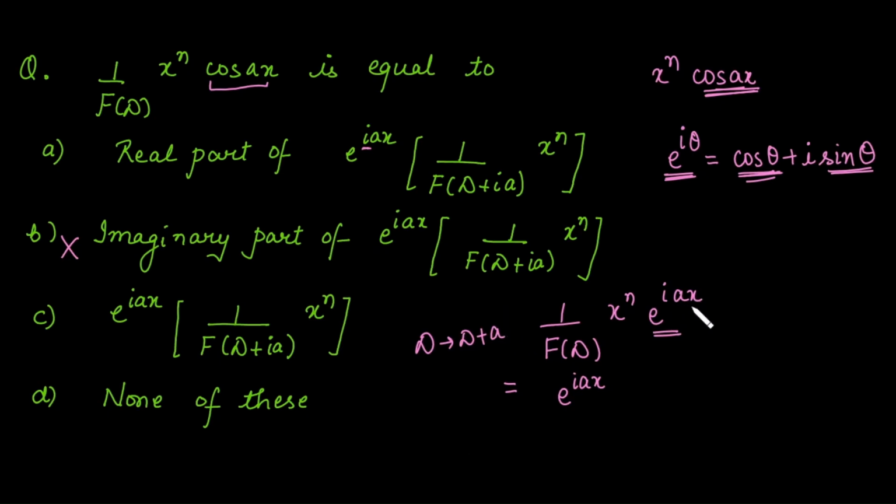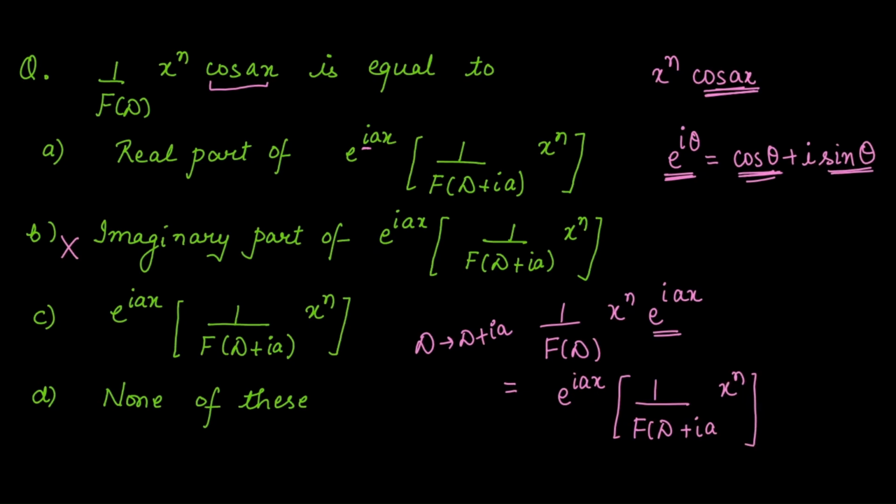Now what is the coefficient of x in this case? That is iota a. So D is shifted by iota a. So we can write this as 1 upon f of D plus iota a, and then we will operate this operator on x raised to power n.